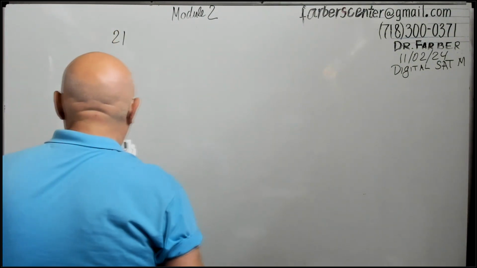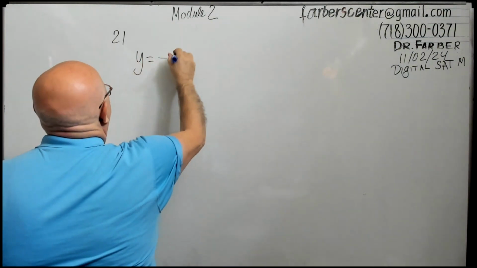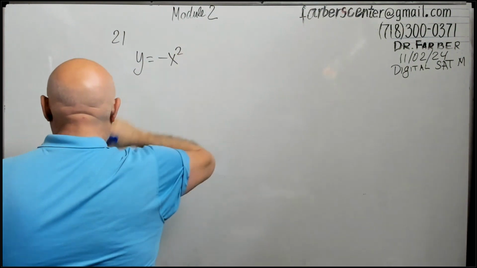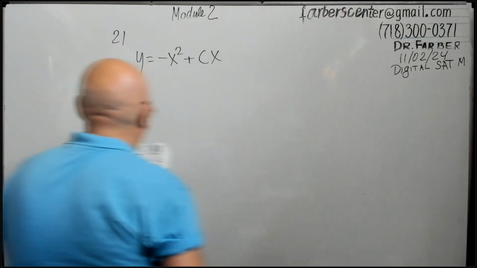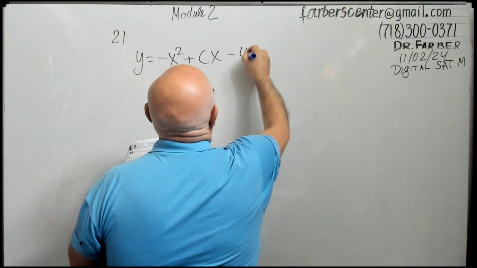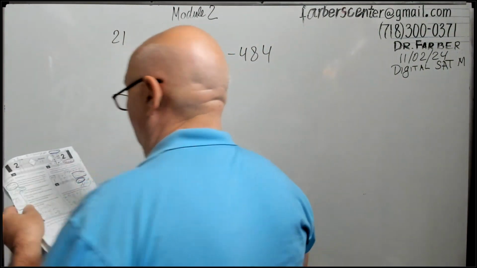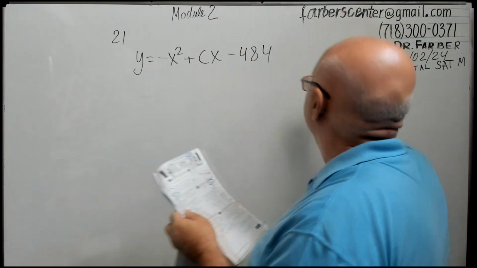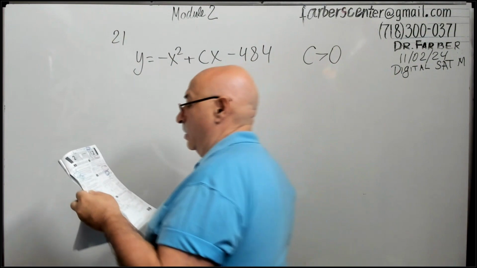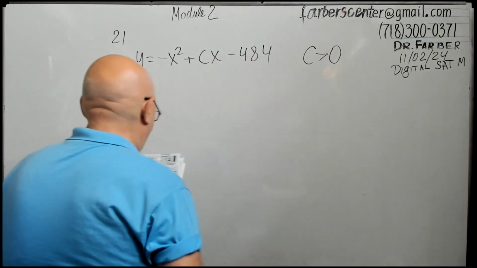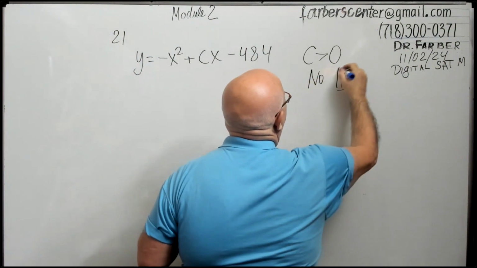In 21, I believe you have y equals negative x squared plus cx minus 484, where c is a positive integer. The equation has no real solution.